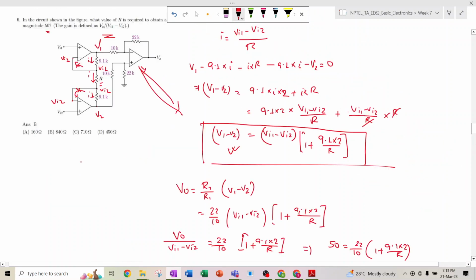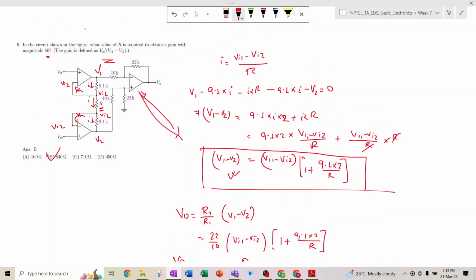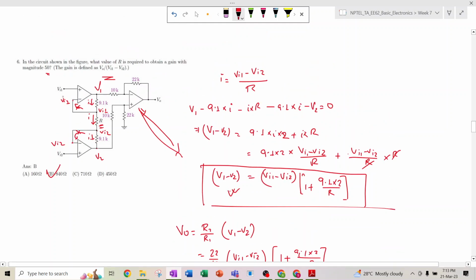Okay. So the nearest answer is 840 ohm. So this R value should be 840 ohm, so that the total gain of this amplifier, the total amplifier, is 50. Okay.